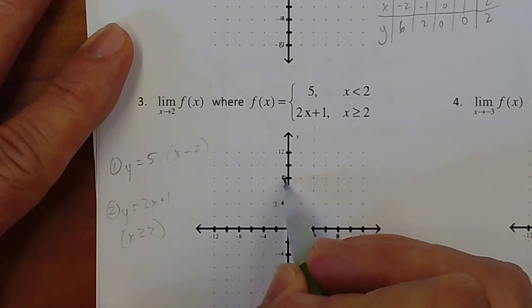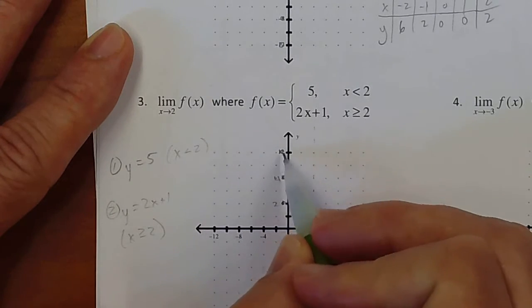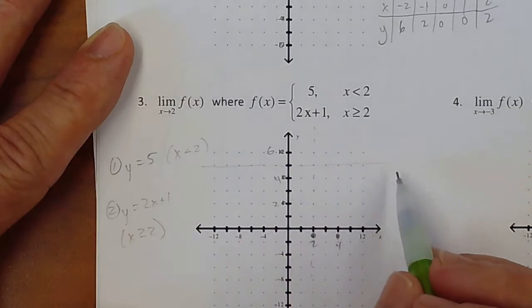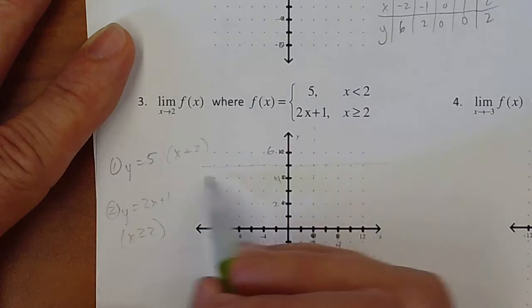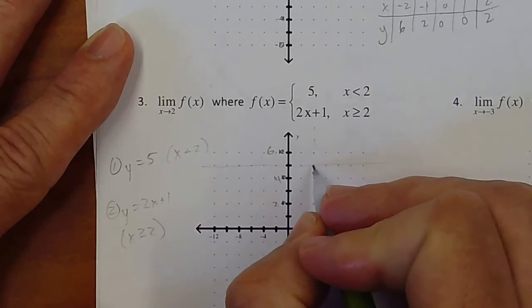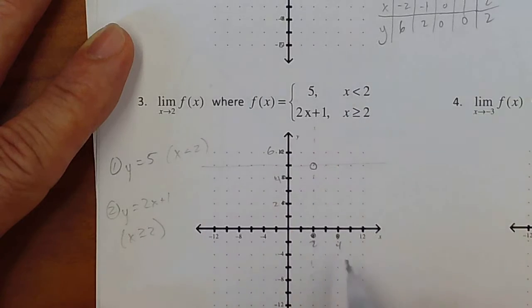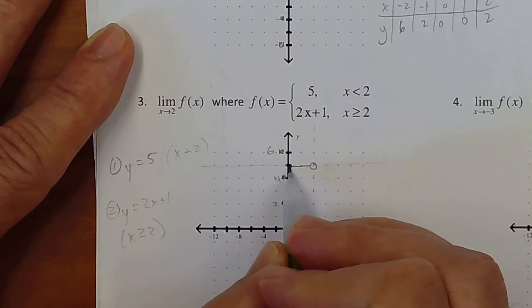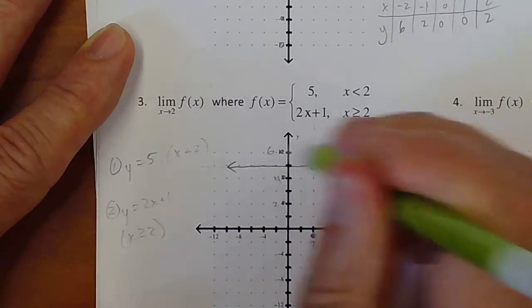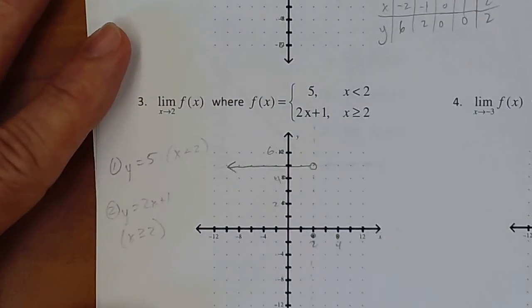So 2, making this 4, making this 6. So y equals 5, if it didn't have any restrictions on it, would be a line going right across here. But it's only supposed to exist when x is less than 2. So I'm going to start with an open circle right here at the x value of 2, going this way, like that. Okay, so that's how we do the horizontal line.